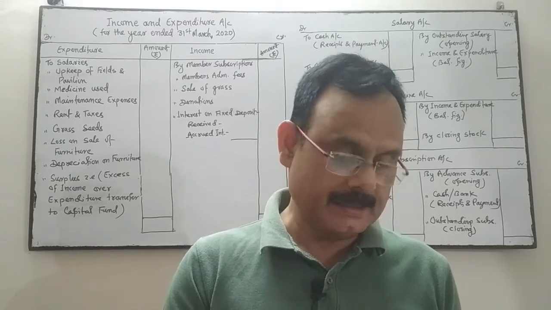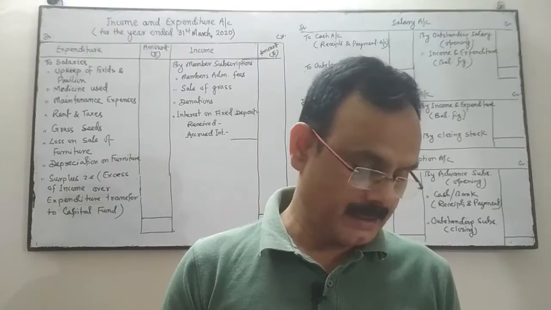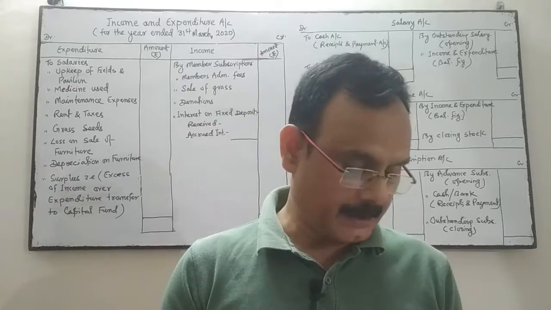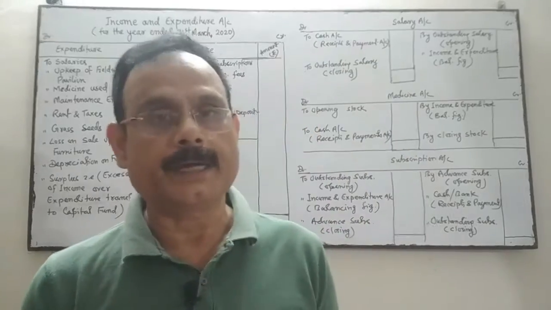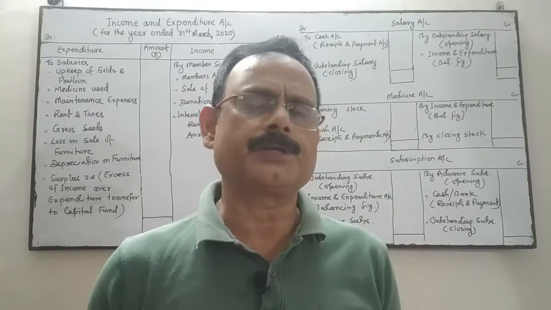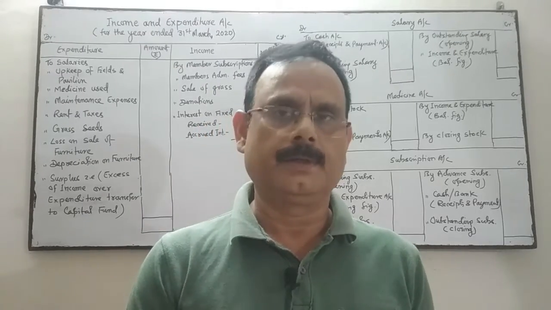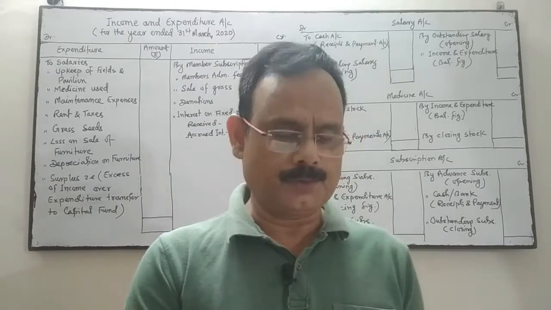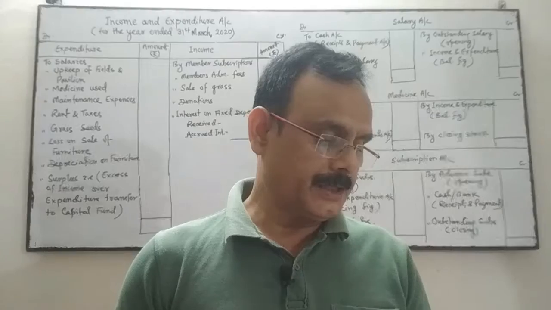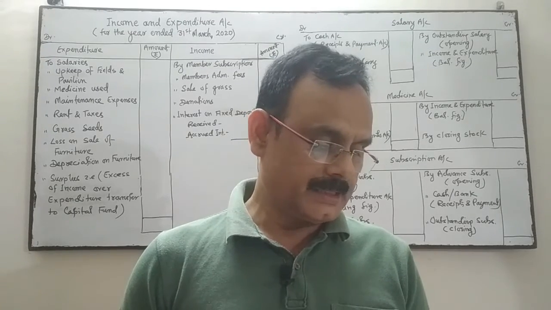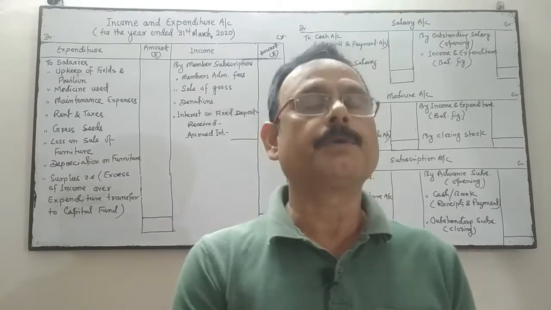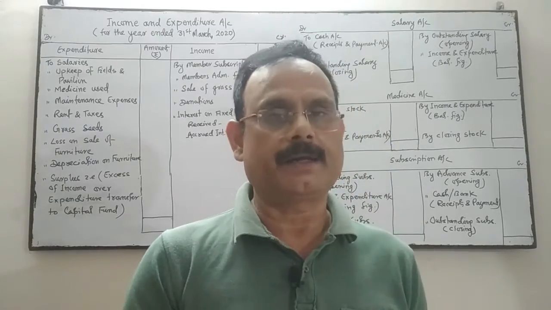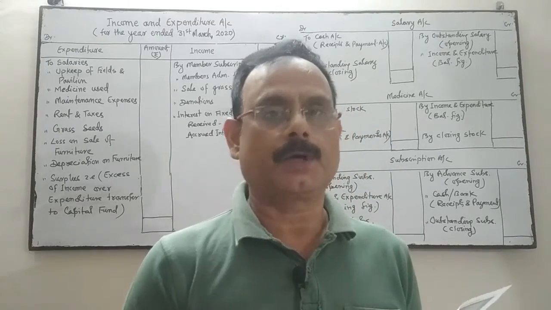Advance subscription similarly, opening and closing, stock of medicine opening and closing, staff salary opening and closing, and some information related to depreciation. So start with the working notes. In additional information, you see point number 4, staff salary. So start with the working note.